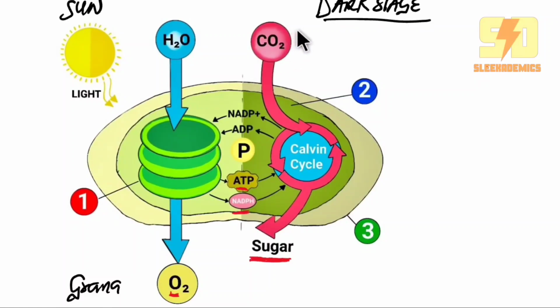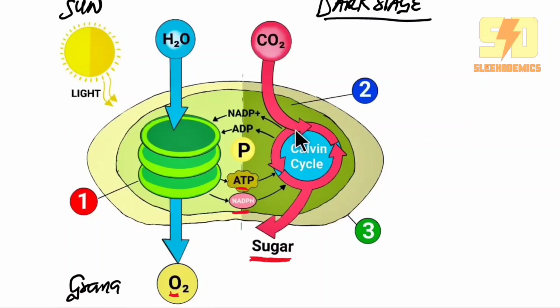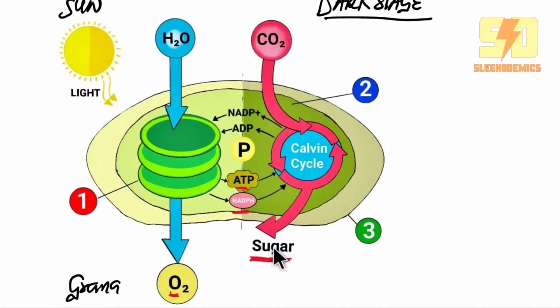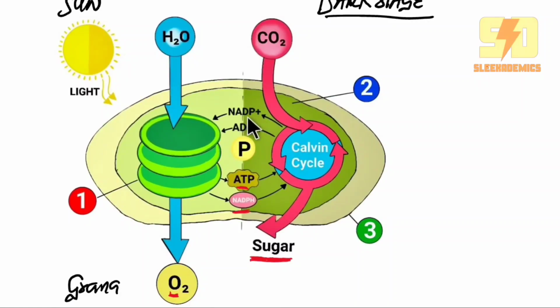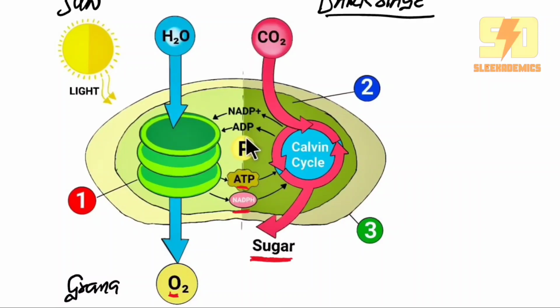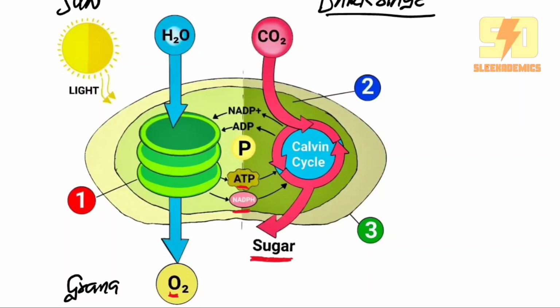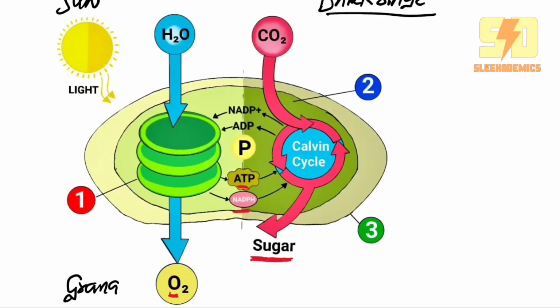CO2 is introduced in the dark stage and is further reduced to sugar. That is the food produced by the plants. When this occurs, our NADPH is reconverted back to NADP plus, and our ATP is taken back to ADP plus phosphate group. So this is basically the light and dark reaction stages of photosynthesis.